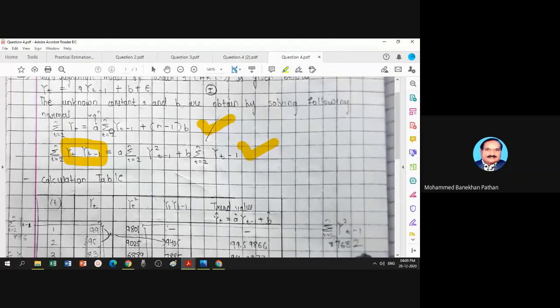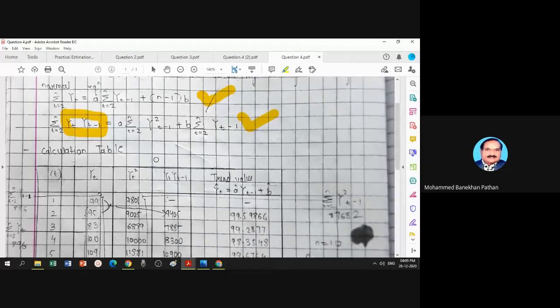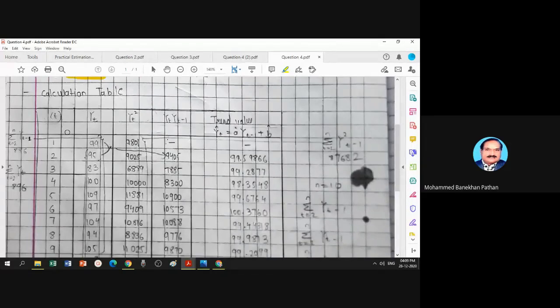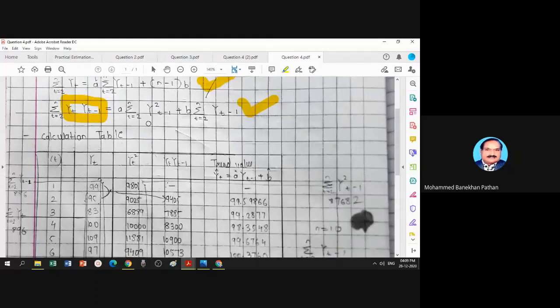With the help of these two equations, I prepare a calculation table. Column number 1, value of time factor. Column number 2, value of time series. Column number 3, y square t, the square of this, which I require here.